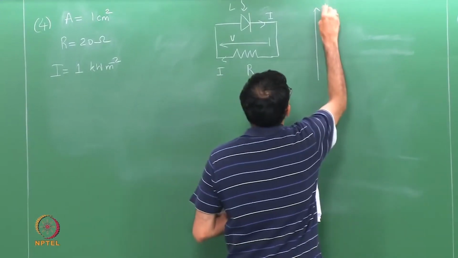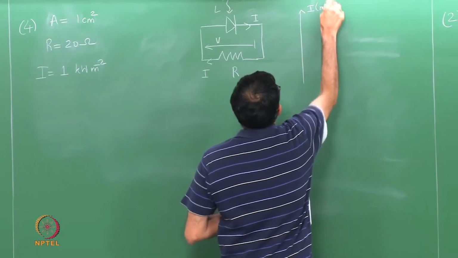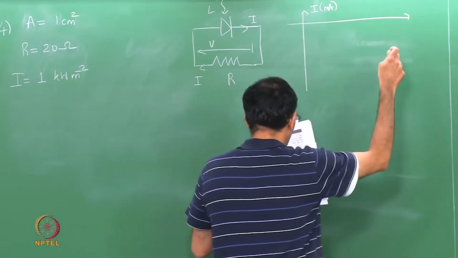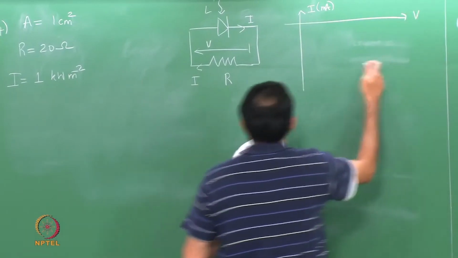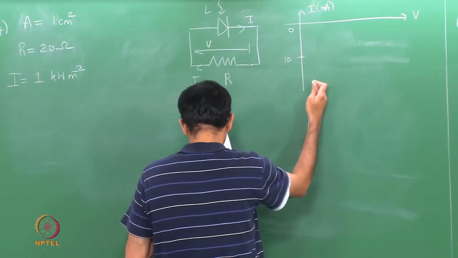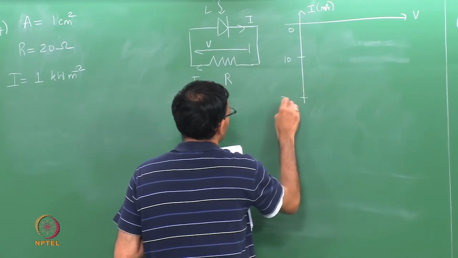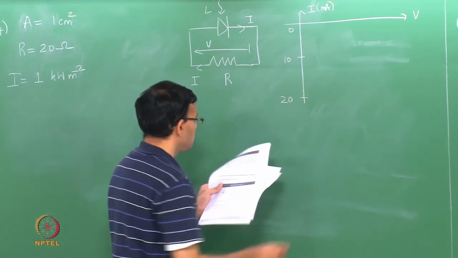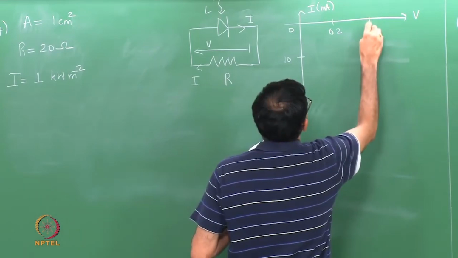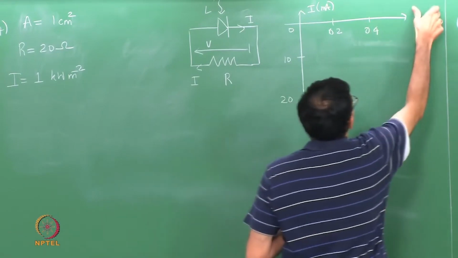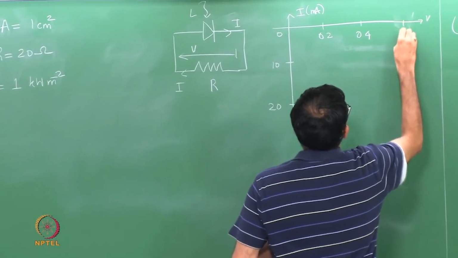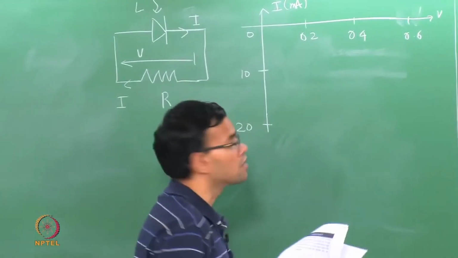So, we have current I, that is in milliamps, and we have voltage V. So, this is 0, you have 10, you have 20, this is 0.2, you have 0.4. Let me just extend this a bit, and you have 0.6.